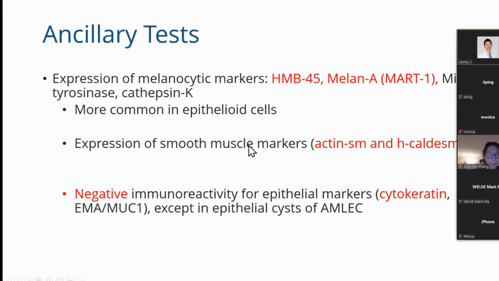And then the IHC staining is really characteristic because this cell is positive for melanocytic markers. That's HMB45 and Melan-A, aka MART1. And this cell also stains with smooth muscle markers. We can use SMA, that is the actin, and also h-caldesmon. But the epithelial markers are usually negative.